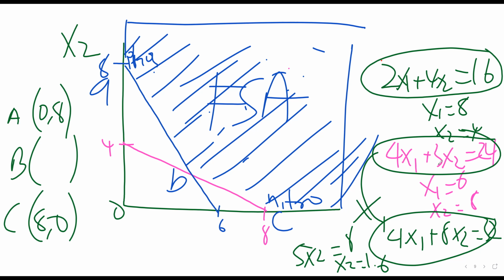Now you substitute that 1.6 into the equation, let's say equation 3. Substitute it here. So you have 3 times 1.6, which is 4.8.